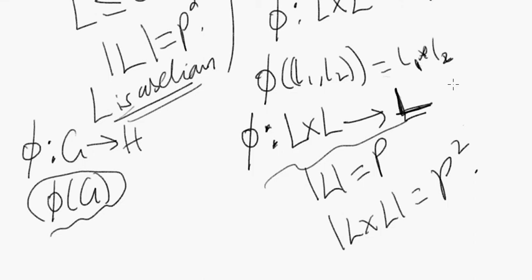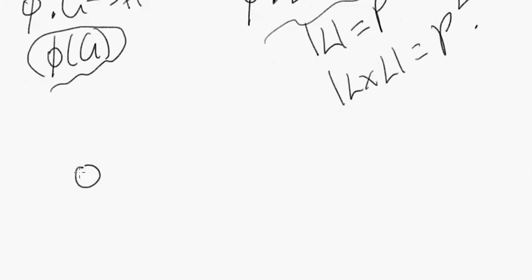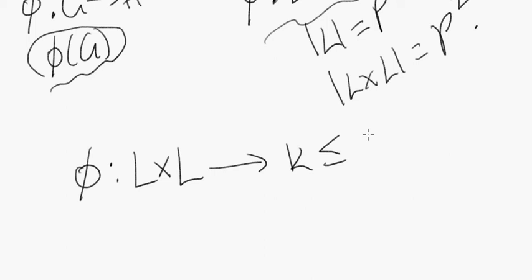Because again, the question still remains, can we find an isomorphism phi from L cross L to some subgroup K of G? Because if we can do this, we appear to be done.